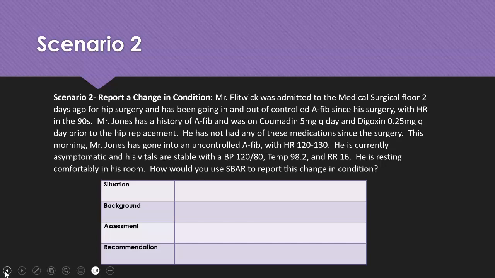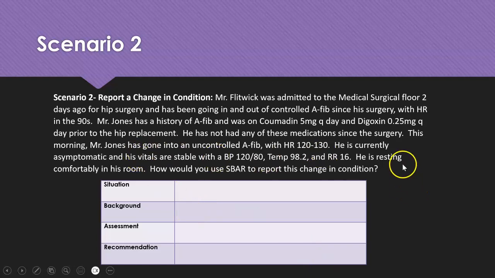Mr. Jones has a history of AFib and was on Coumadin 5 milligrams every day and Lanoxin or digoxin 0.25 milligrams Q day prior to the hip replacement. He has not had any of these medications since the surgery.